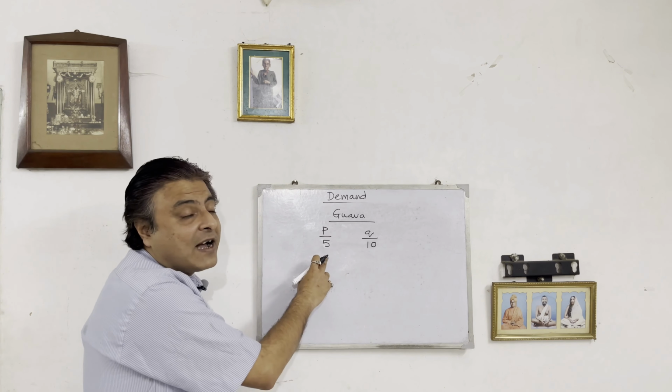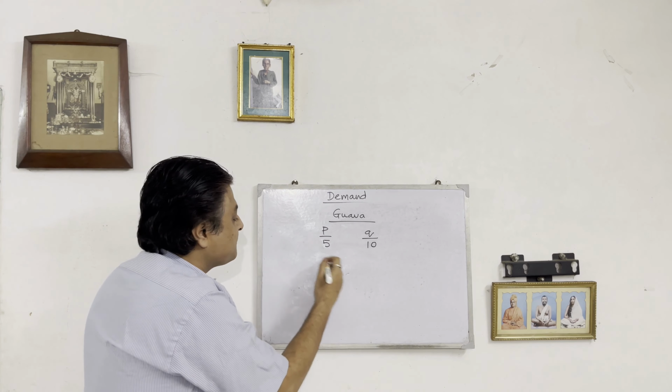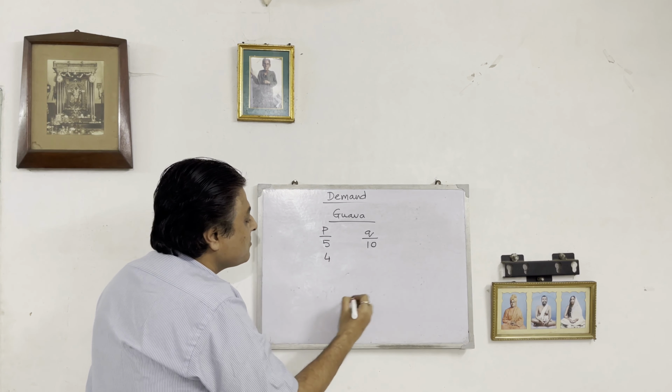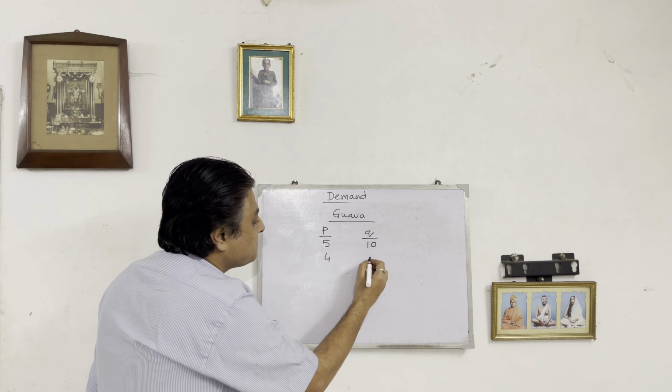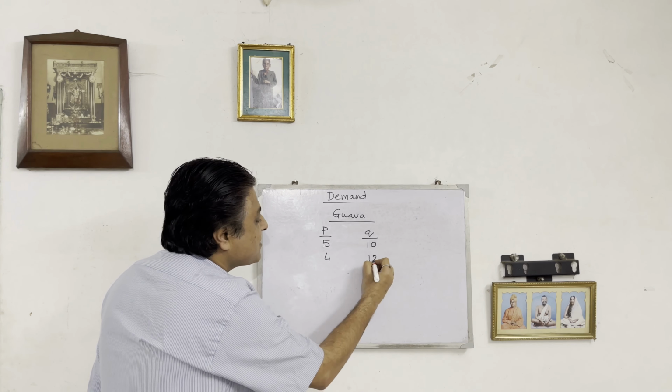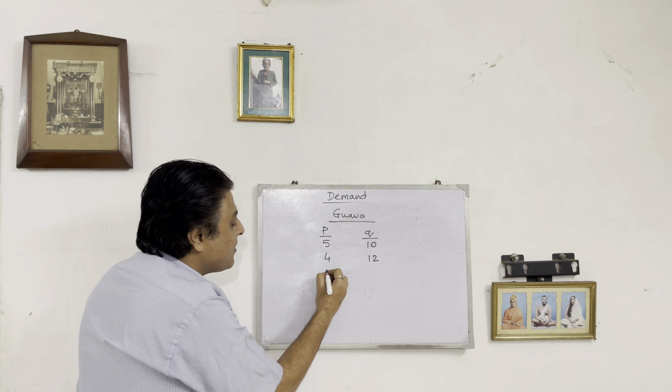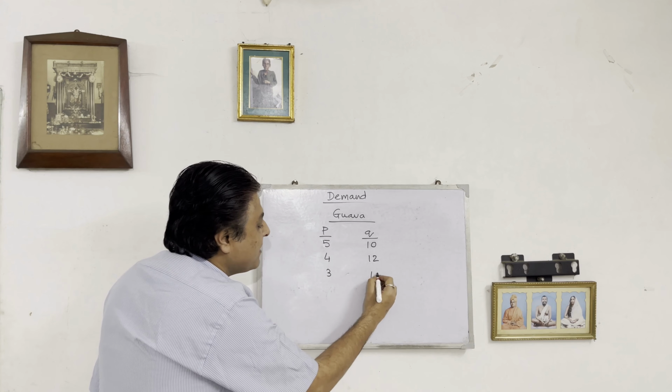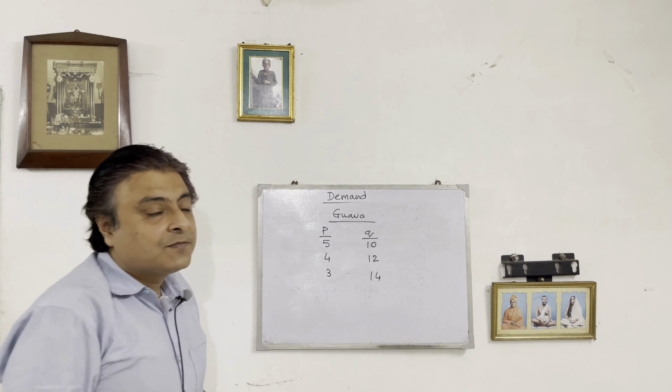If you pay rupees 4, you are getting 12 pieces of guava. If you are paying rupees 3, you are getting 14 pieces of guava.